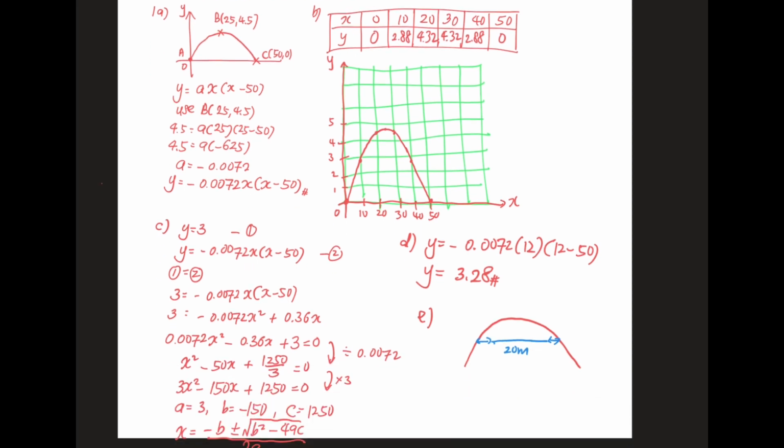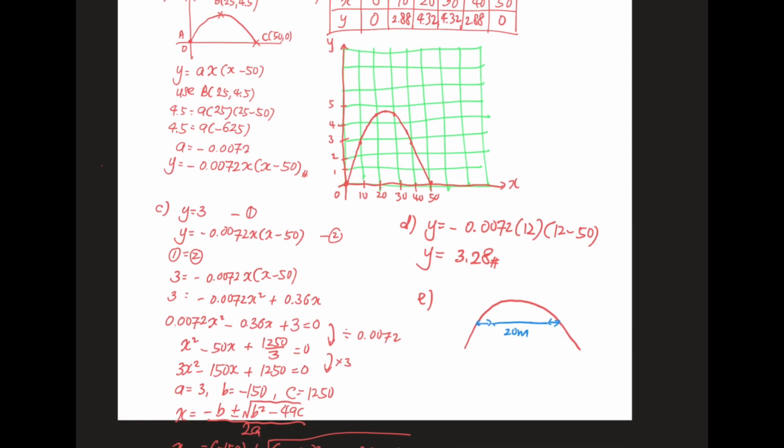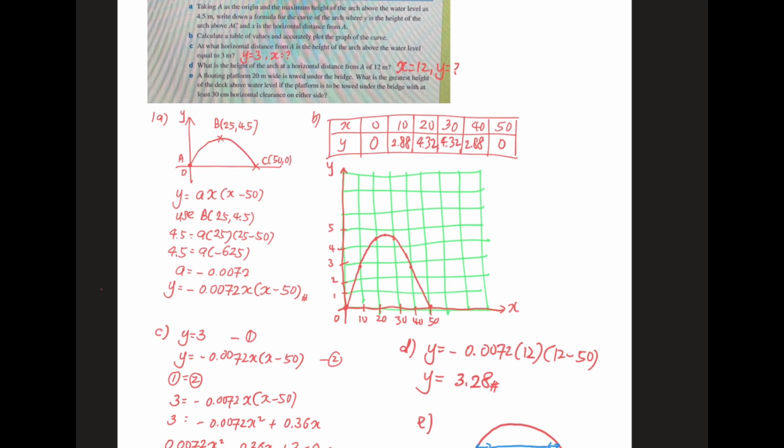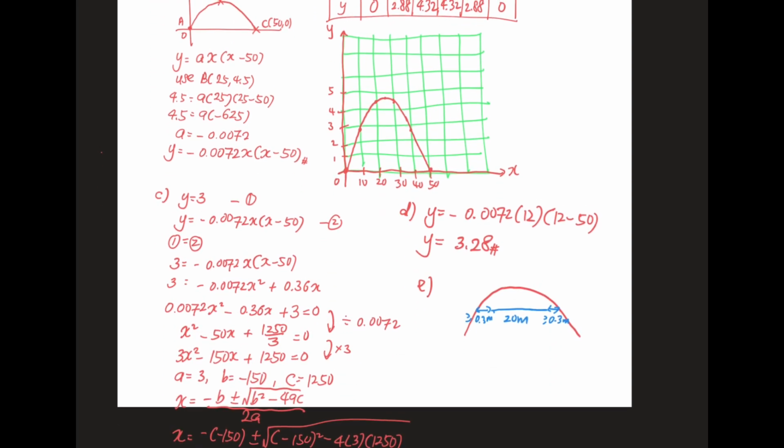And then here they say must leave at least 30 cm. 30 cm in meter is 0.3 meter on both sides, at least. And we have to find the greatest height. So greatest height means the y. So the y, we need to find this.